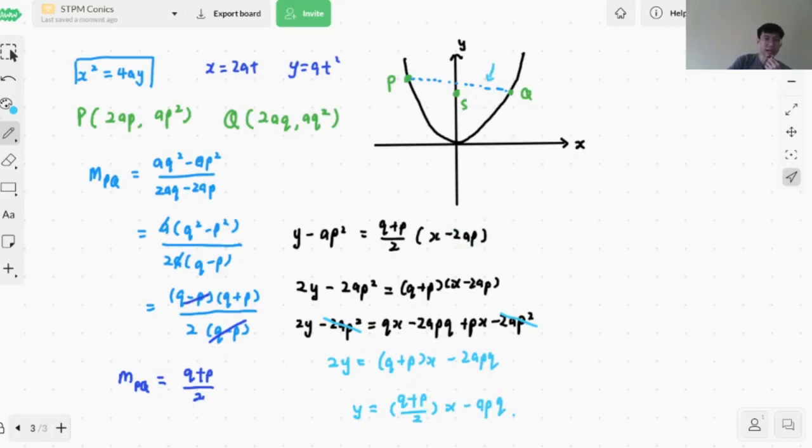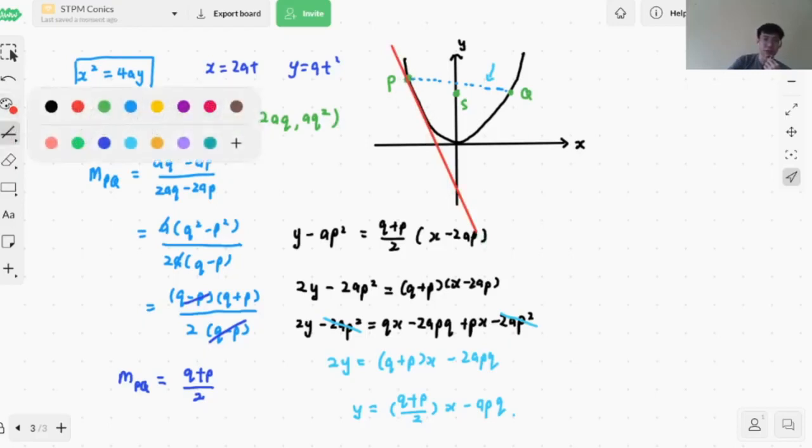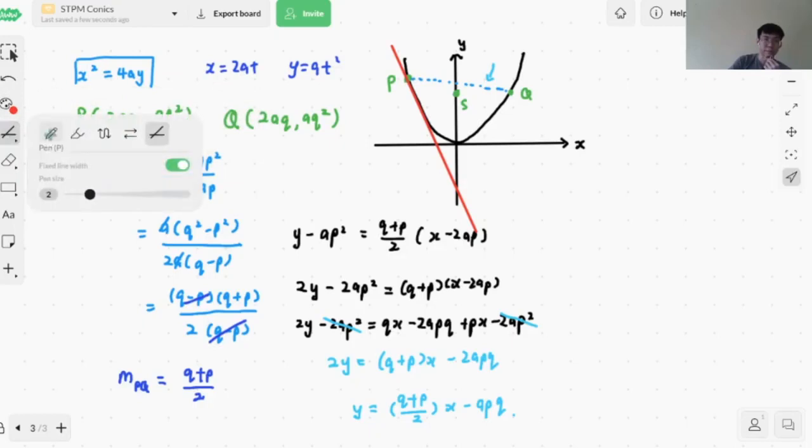Then let me ask you, what would happen if now I want to find the equation of the tangent? Let's say this is the tangent line. Okay, this is the tangent line at point P. It touches the curve at only one point, which is here.